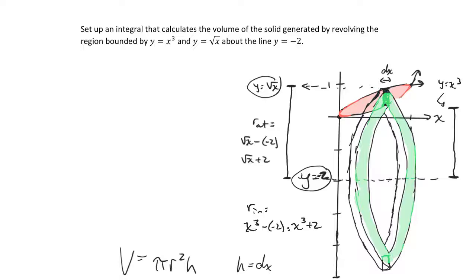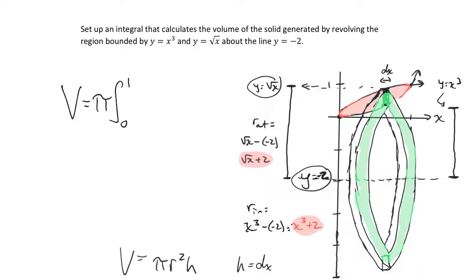So these are our two radii. Radical x plus 2 is my outer radius. X cubed plus 2 is my inner radius. And we will subtract them after we square. A very common mistake is to subtract them and then square them. Our volume, let's do this in black. Our volume is pi.